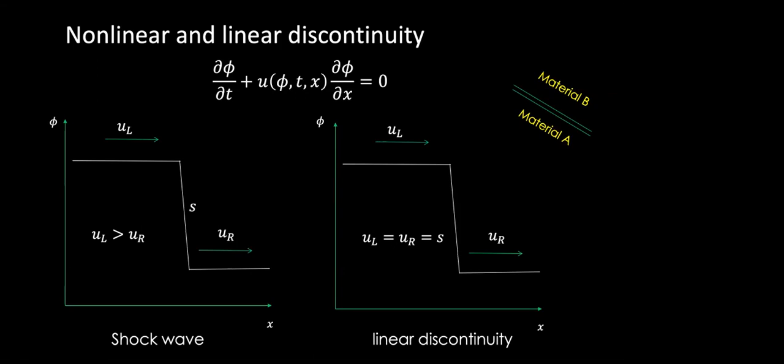For example, an interface between two materials or the surface of one material. Even inside one material, such a discontinuity can exist. We call it the contact discontinuity, and it moves with the local velocity. We also name it material discontinuity. They are all the same thing.